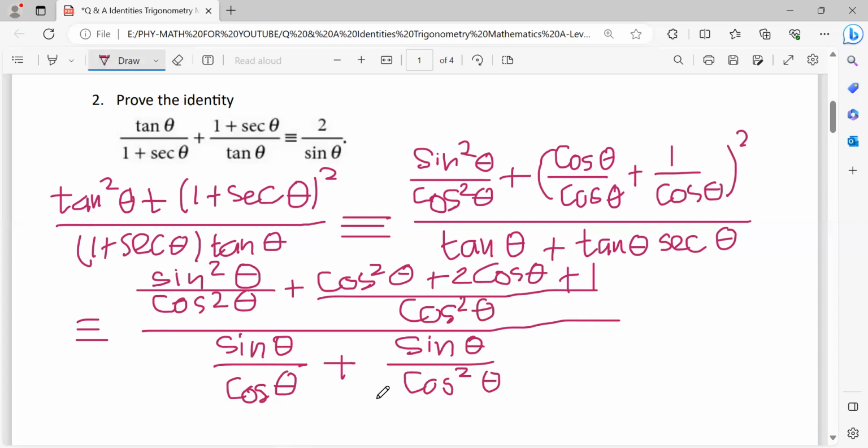So now we have to multiply by cosine over cosine here, times cosine theta, and it becomes cosine squared theta.